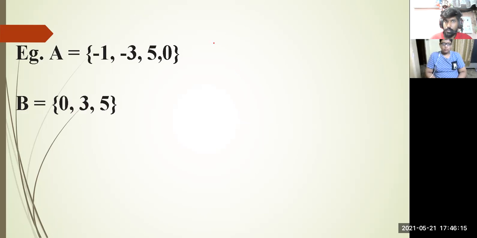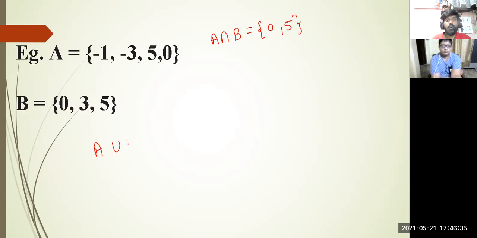Before the union, can you tell me what is A intersection B? Common. 0 and 5, sir. Correct, 0 and 5. Now we have to write the union. Union means we have to write everything together.